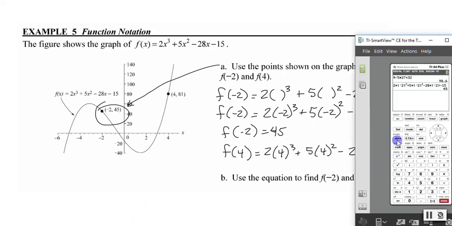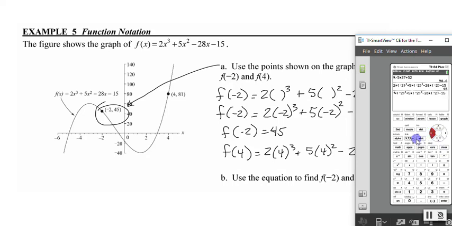So you can grab your calculator, and instead of typing that all back in again, here's a nice tool. Arrow up so that that expression is highlighted that you used before, and hit enter, and then you can go back and edit.